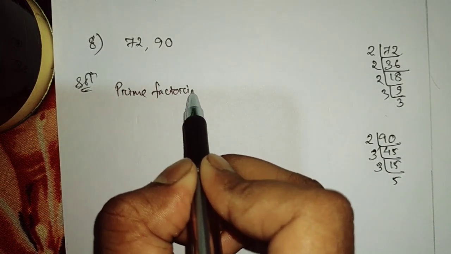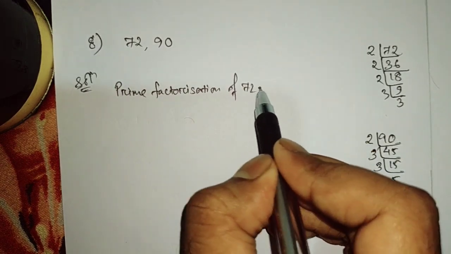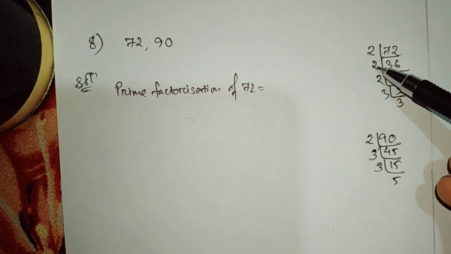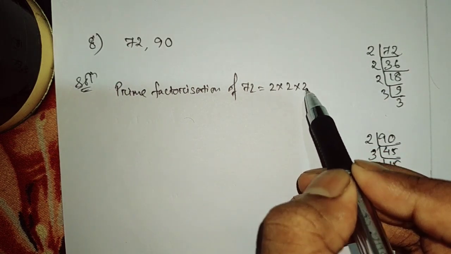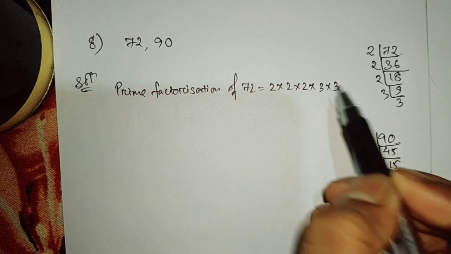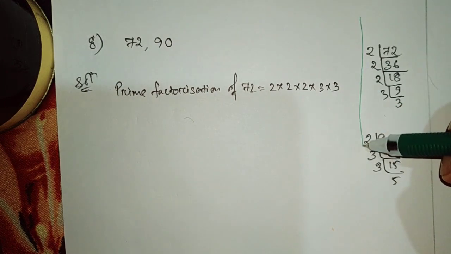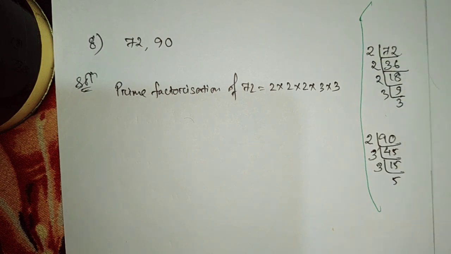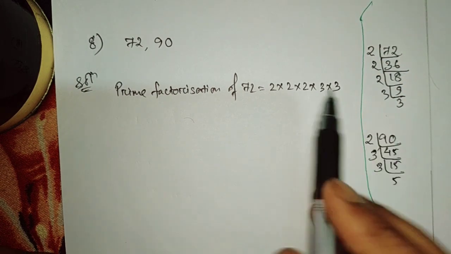Okay, so let's write the prime factorization of 72 is 2 into 2 into 2 into 3 into 3. Let's just draw a line to make it separate so that these numbers don't get mixed up with these numbers.